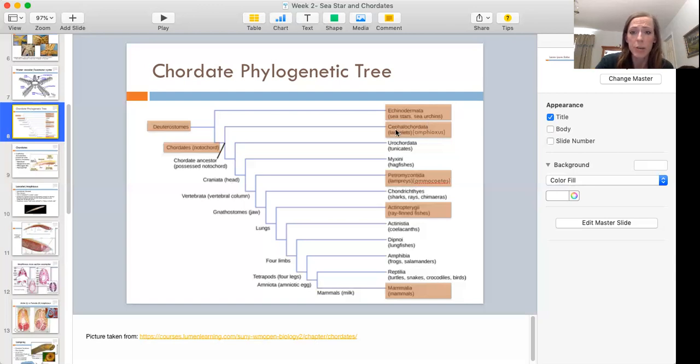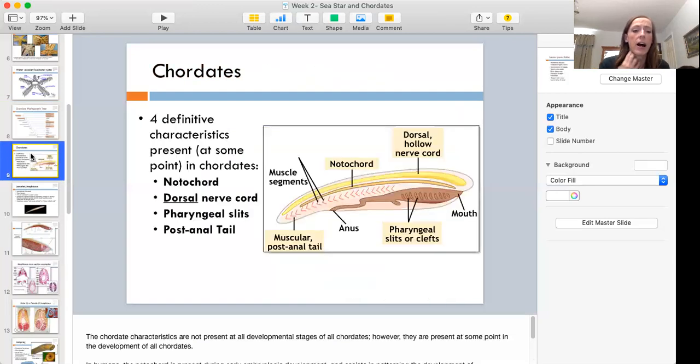So like I said, we're going to start with Lancelets or Amphioxus, but we should recognize that all of these organisms we're going to look at are in this phylum Chordata, right? And the Chordata phylum has 4 definitive characteristics which guide us to group them together.